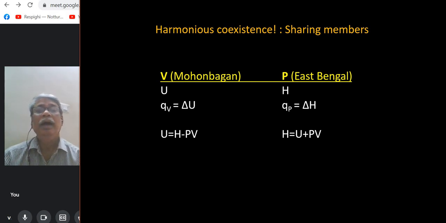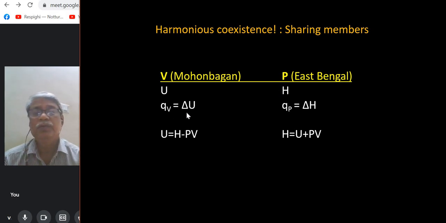So, harmonious coexistence, sharing members. We can think of P and V as mutually coexisting, but on two different islands. So P is say East Bengal and V is Mohun Bagan. And when two new players came into the ground, U and H, U is joining Mohun Bagan, and H is joining P, East Bengal.